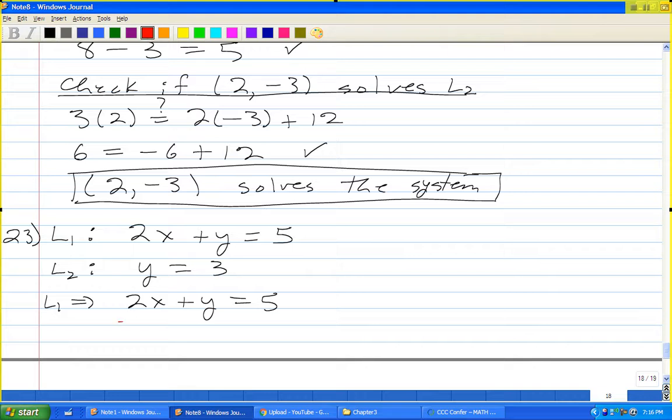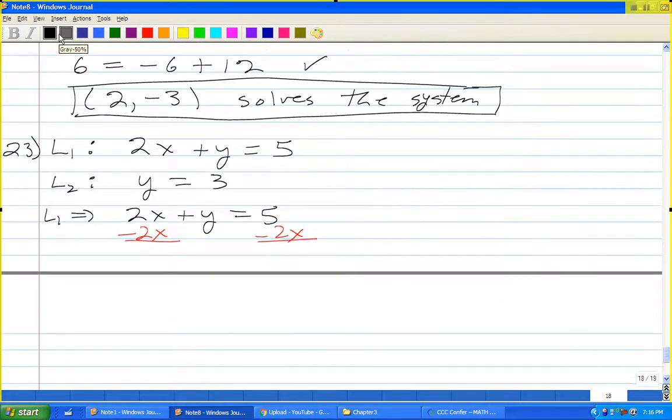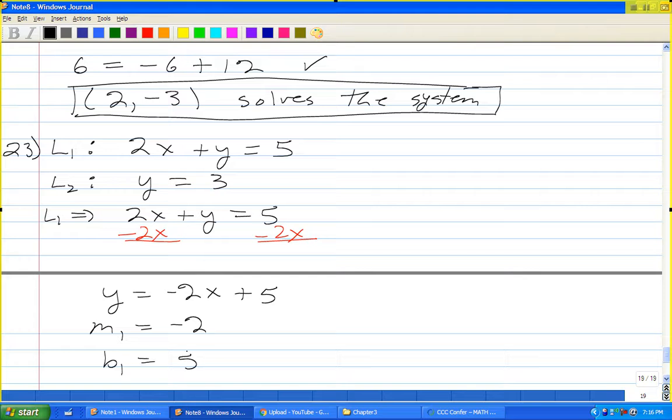Subtract 2x from both sides, and so I get that y equals negative 2x plus 5. So the slope is negative 2, and the y-intercept is 5.